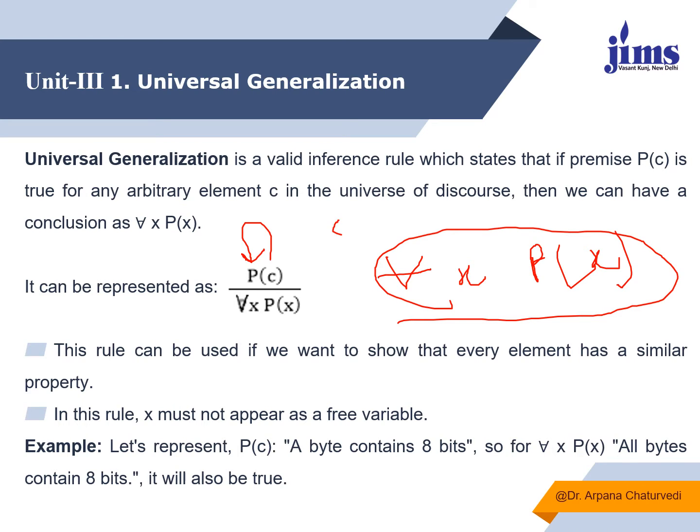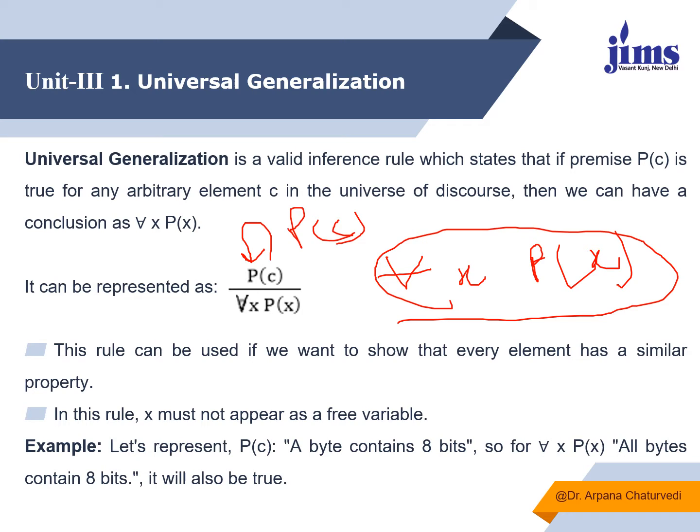Earlier we were talking about C is P. C was a constant. But later on I can say in a general way that in the universe there might exist more x which are part of predicate P.